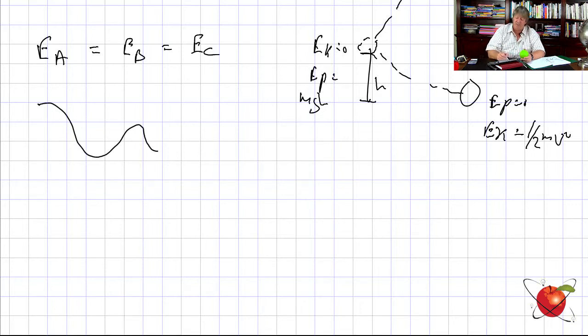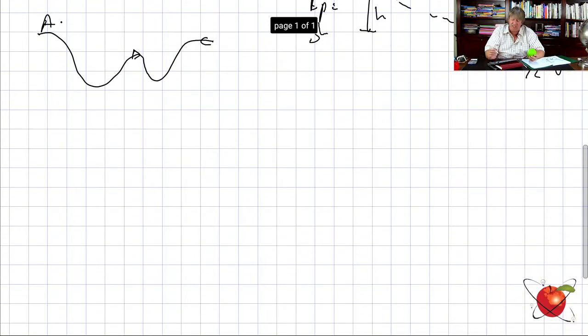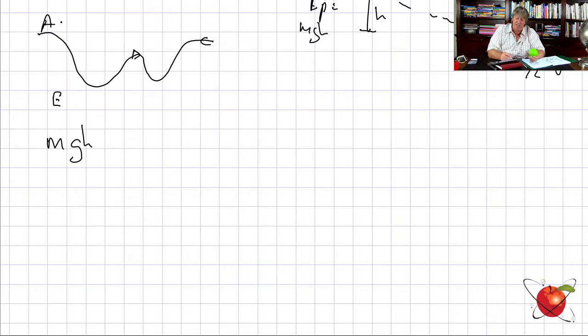So we could have this kind of thing there. If that's A, that's B, and that's C, the total energy at both points must be the same by the law of conservation of energy. So what's the next step? The next step is then to say, in this case, the energy initial and the energy final must be the same. So I said that therefore mgh, this is my E final at the top, must be equal to a half mv squared.